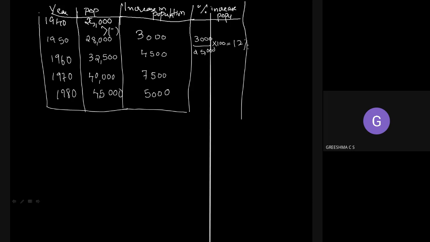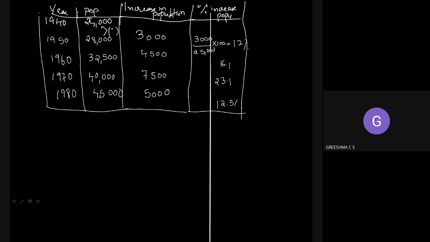Next is to find the percentage increase for the remaining decades. I have done this in previous classes. So that is 12%, then 16.1%, next is 23.1 percent, and next is 12.5 percent. I am not doing all of them because I did them in the previous class.